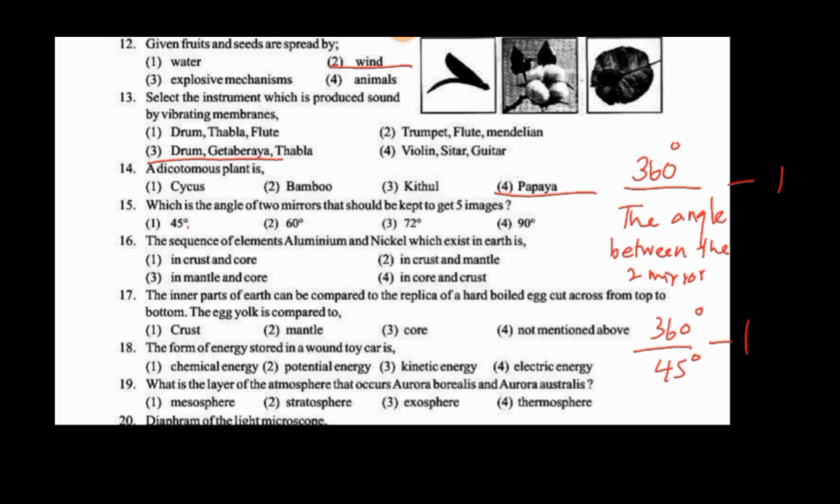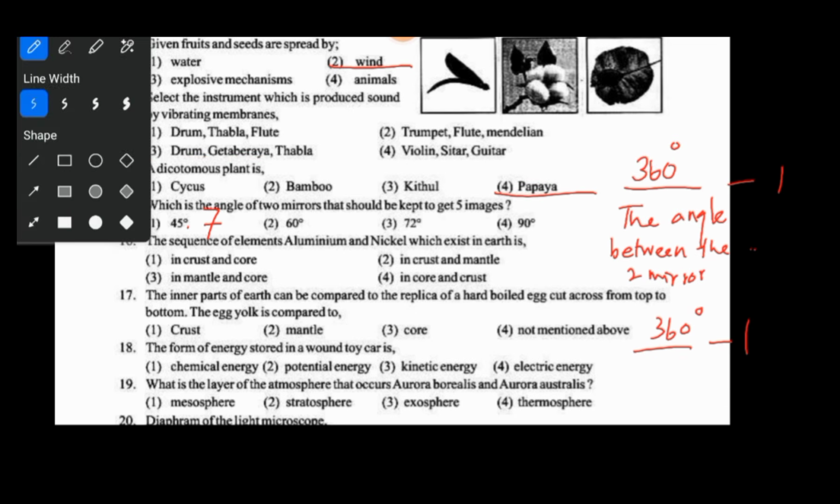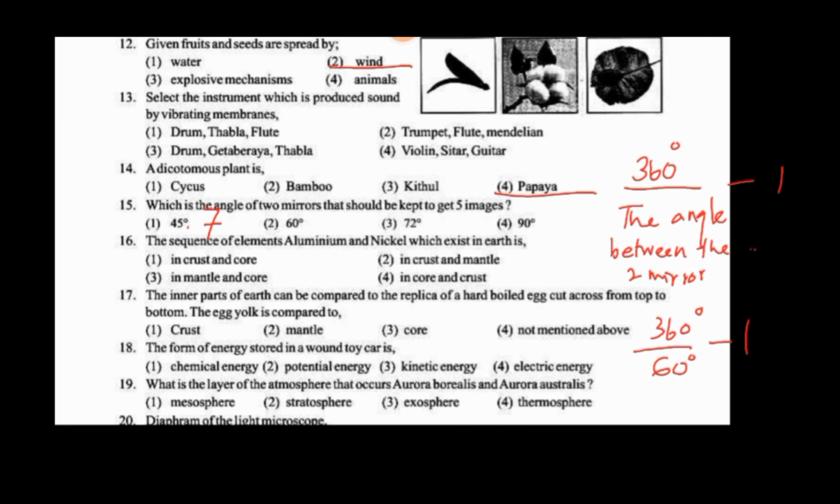If you can't remember those values, then you can use this equation at the exam. So 360 divided by 45. What is the answer? When we divide 360 by 45, 8. 8 minus 1, that is 7. Right here, 7. Then if we take 60, 360 divided by 60, that is 6 minus 1, 5. Right? So the answer is 2.